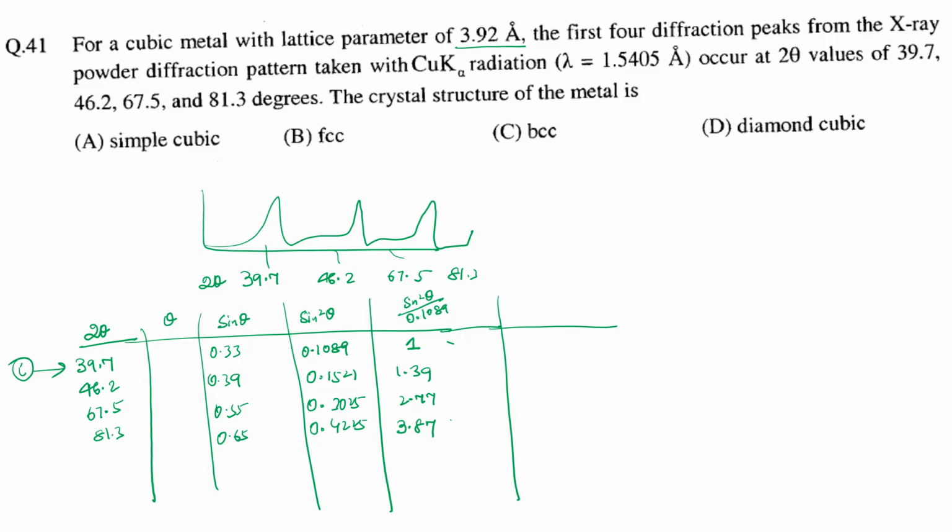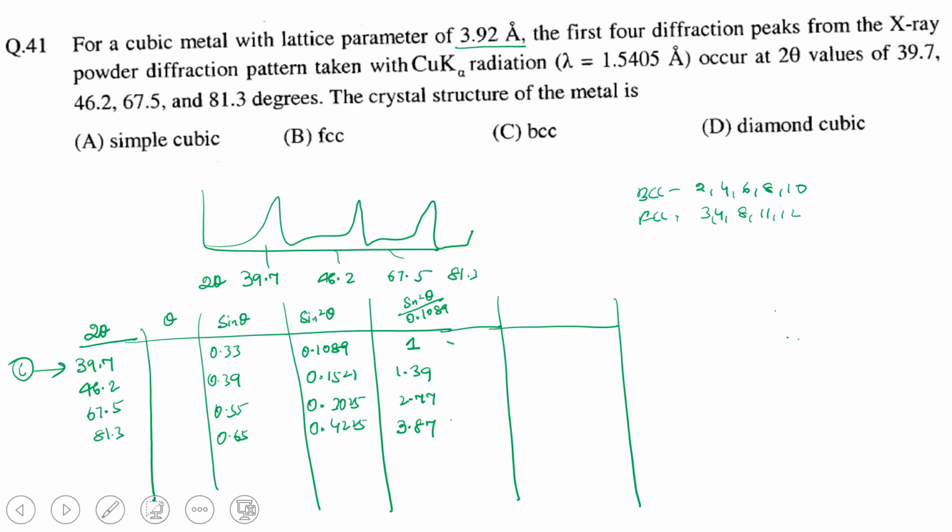Now the next step is to convert these into integers and check if they follow a pattern. For BCC we know it is 2, 4, 6, 8, 10. For FCC it is 3, 4, 8, 11, 12, 13.